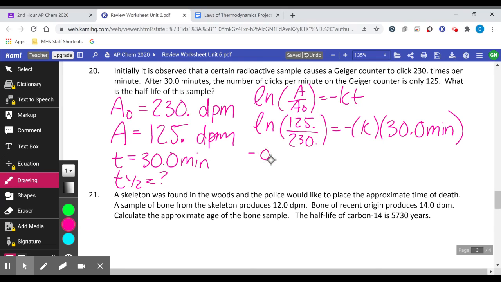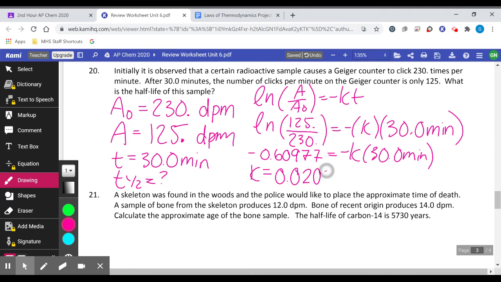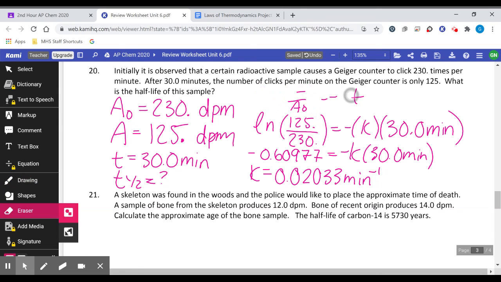I get negative 0.60977 equal to negative K times 30. So I'm going to divide now by that 30 minutes. And I get K equal to 0.02033 inverse minutes.